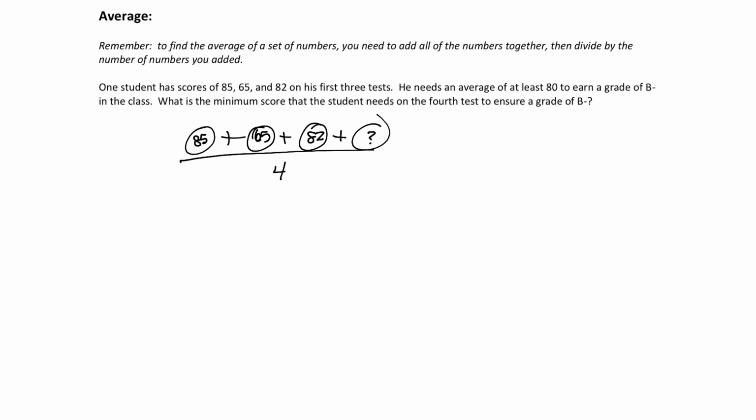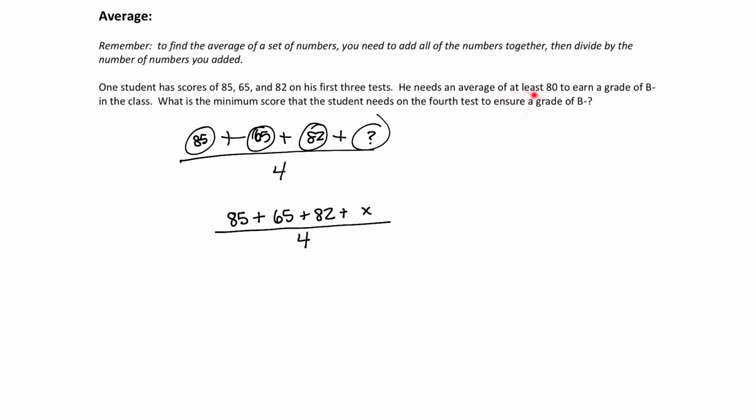So you need to figure out 4 things to divide by because you're going to have 4 exams. So the way we set this up algebraically, 85 plus 65 plus 82 plus your score on the last exam divided by 4.